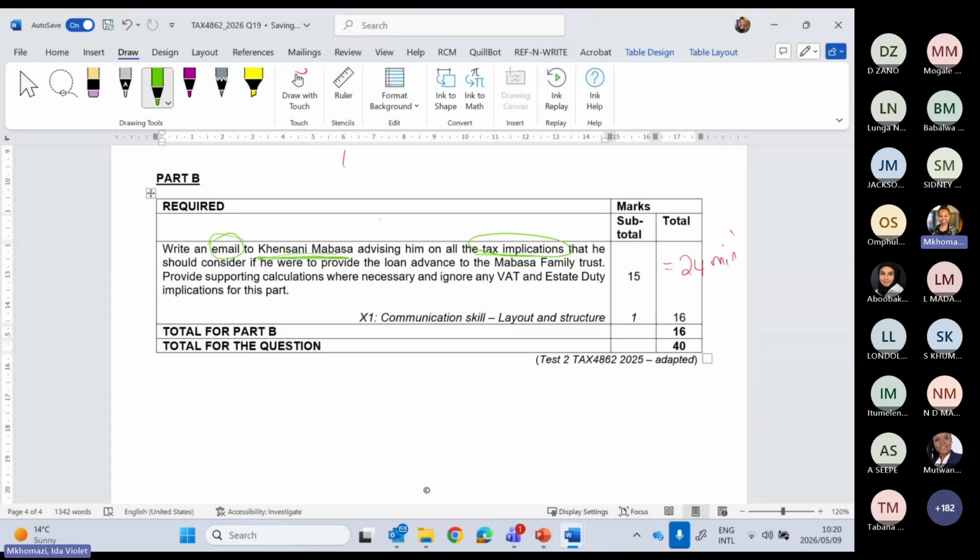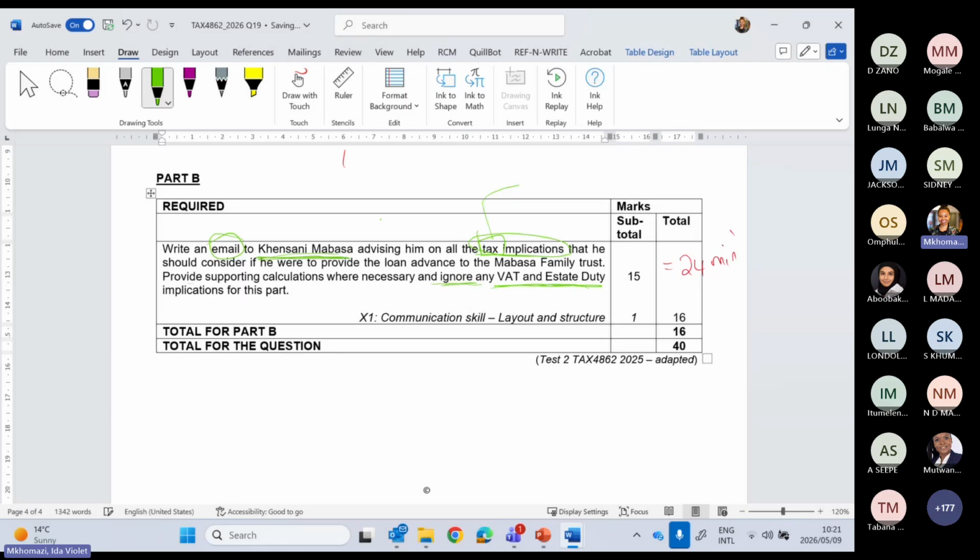loan to the trust. So now I'm assuming that we have all gone through the question, right? The required is asking for all the tax implications, except it says ignore VAT and estate duty. So it means that you need to think about all the tax implications from your income tax, donations tax, dividends tax, etc. Whichever tax implications are applicable to Kensani Mabasa is what you need to consider, right?